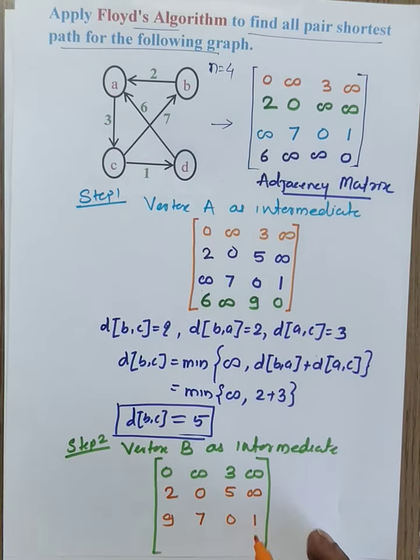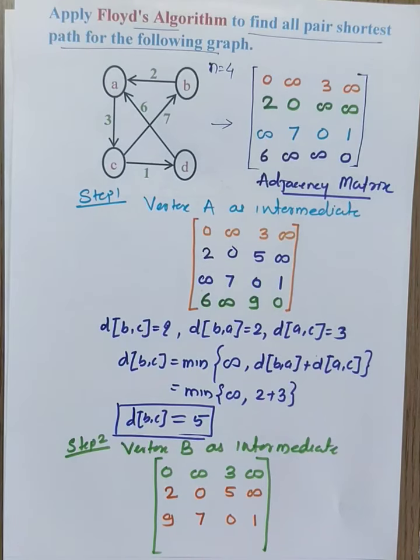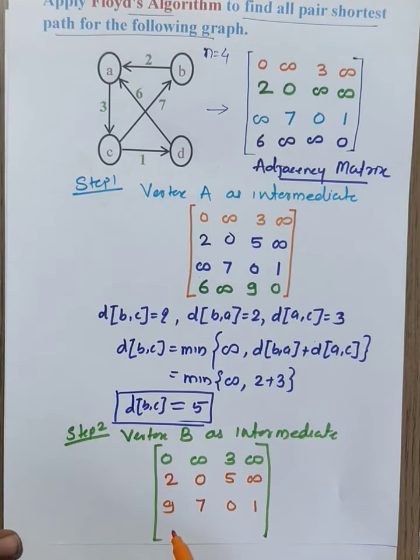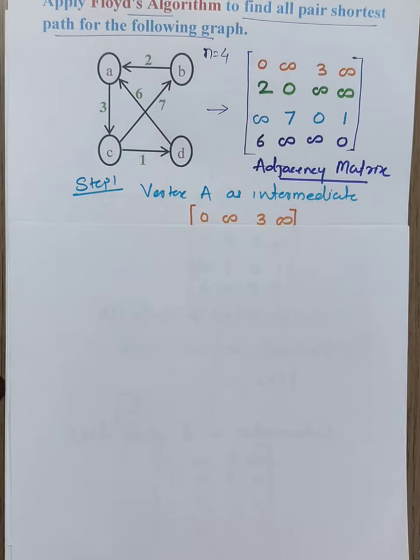C to D, 1 is there. D to B, is the edge there? No. If the D to B edge is not there, this D row will get the same values: 6, infinity, 9, 0. This is step 2. In step 3, vertex C is an intermediate vertex.